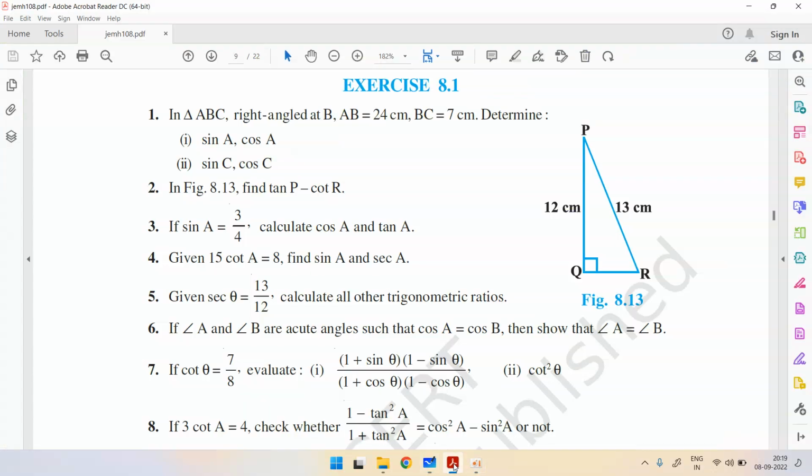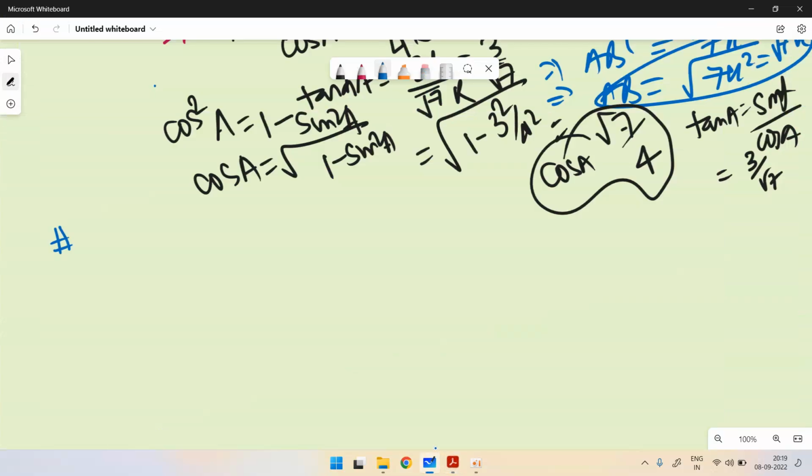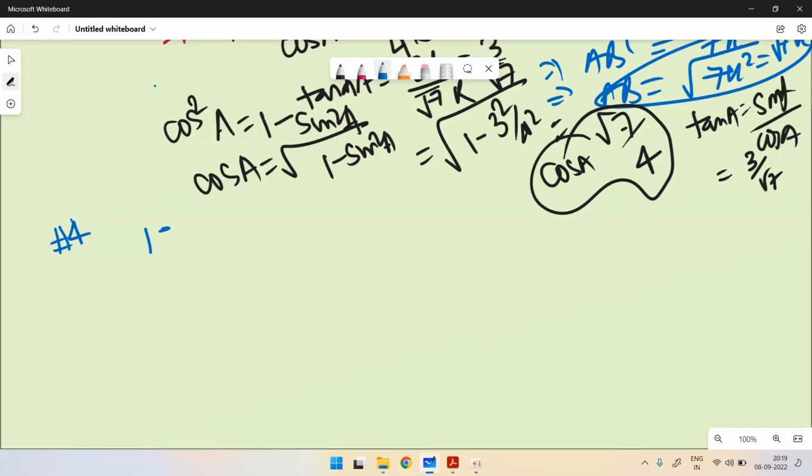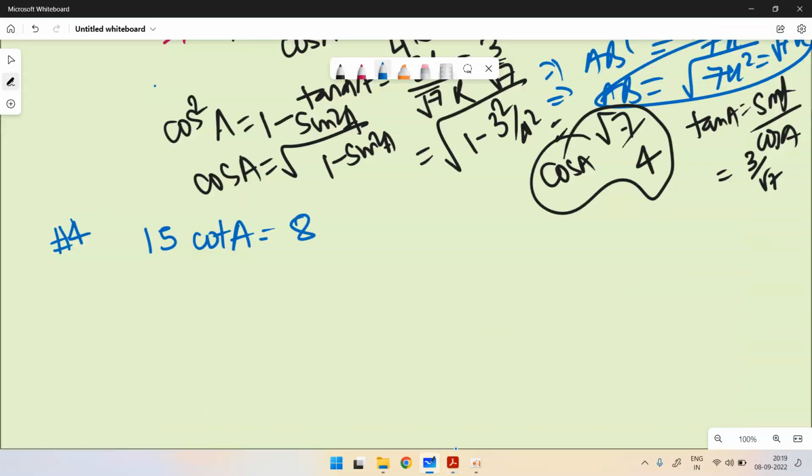Already 36 minutes over. Now, in the next question, number 4: given 15 cot A equals 8, find sin A and secant A. What are sin A and secant A equal to?